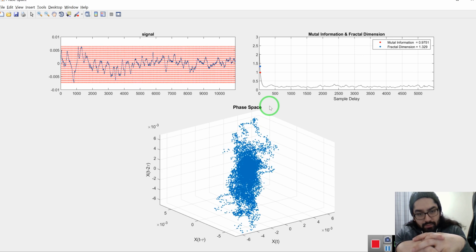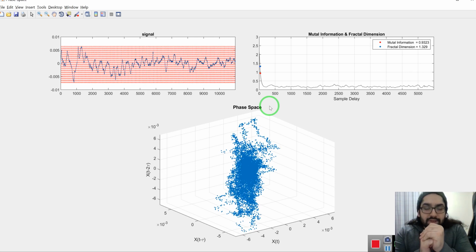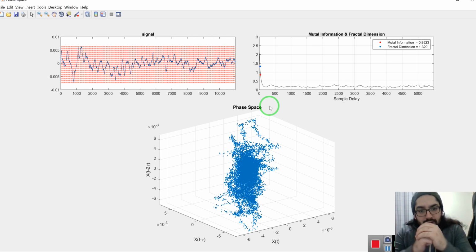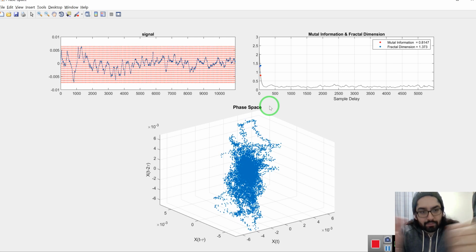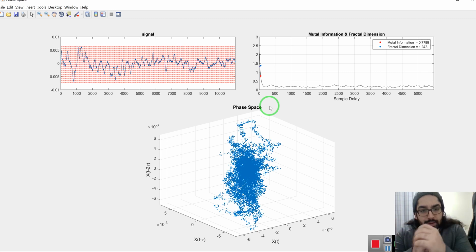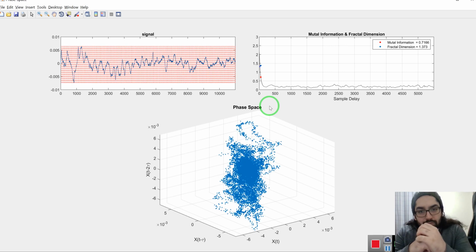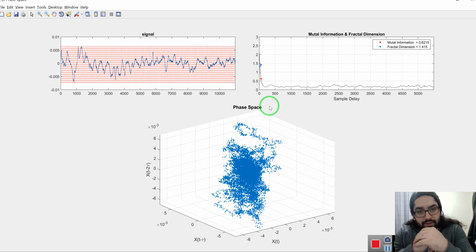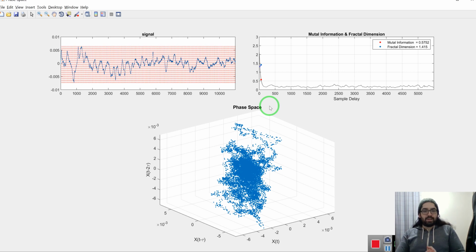Okay, it will be faster and faster because of the low data, because by using bigger lags, the data and the samples are reduced, so it goes faster and faster, as you see.